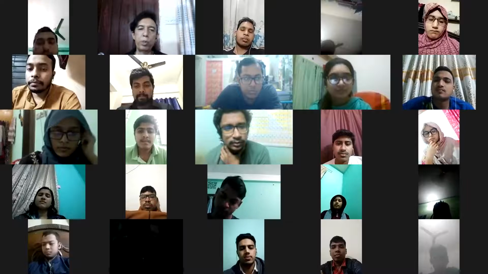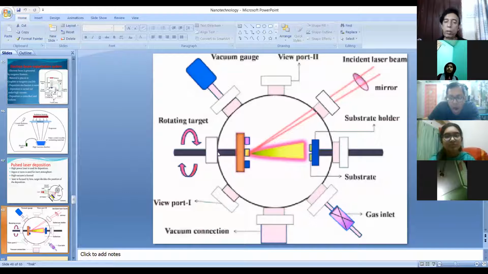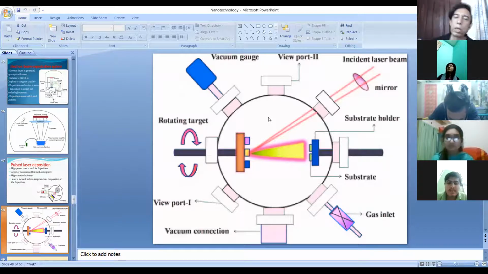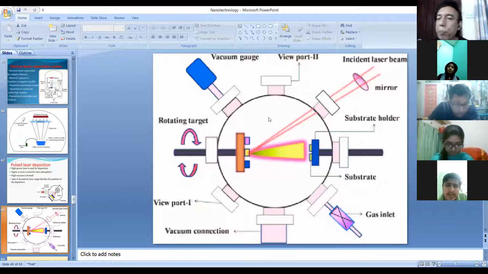Okay, so high vacuum is required for two things. I told you, one is about the mean free path. Can you remember the mean free path from first year kinetic theory of gases? What is the mean free path? When gases are allowed to move, then what is the kinetic theory?